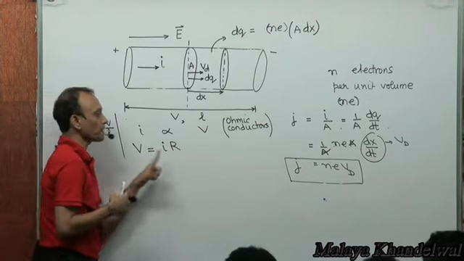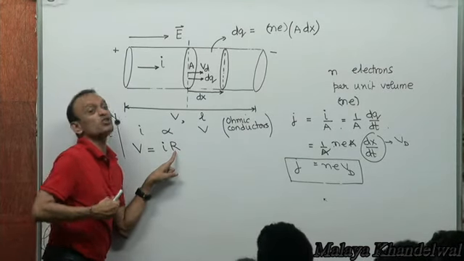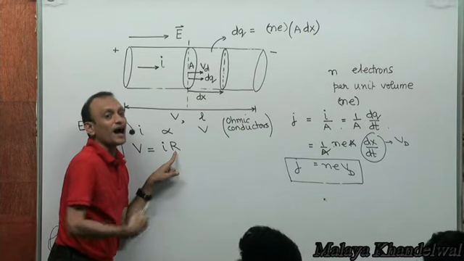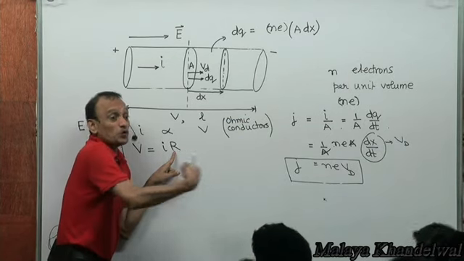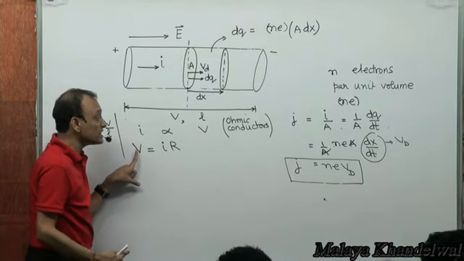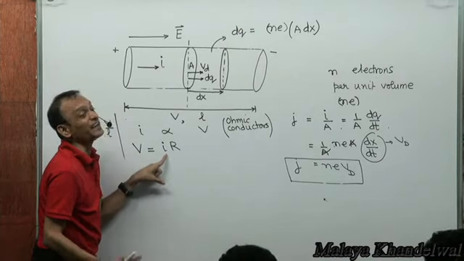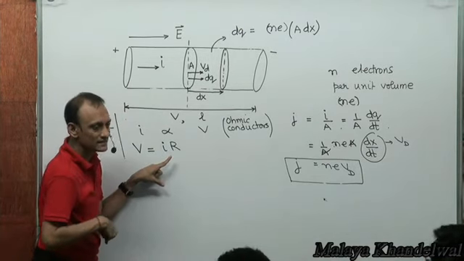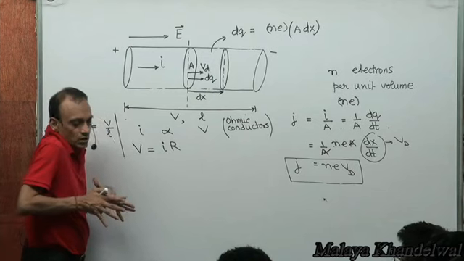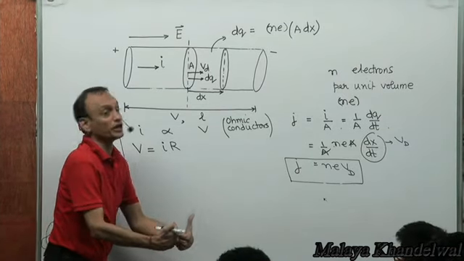That means this is averse to the flow of current. It opposes current. R is a property which opposes current. Yes or no? For the same V, if the value of R is increased, then I will decrease. So the bulkier the value of R, the smaller the value of current for a given V.